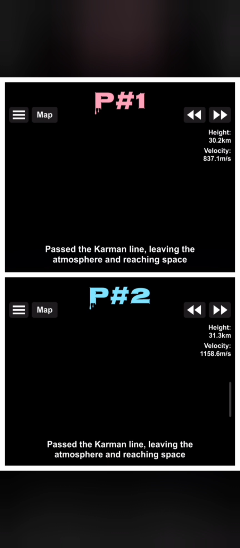So at the moment, the velocity of rocket 1 is 837 meter per second, and the velocity of rocket 2 is 1158.6 meter per second.